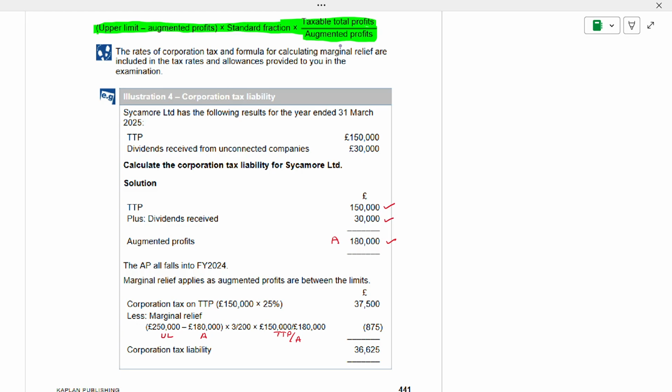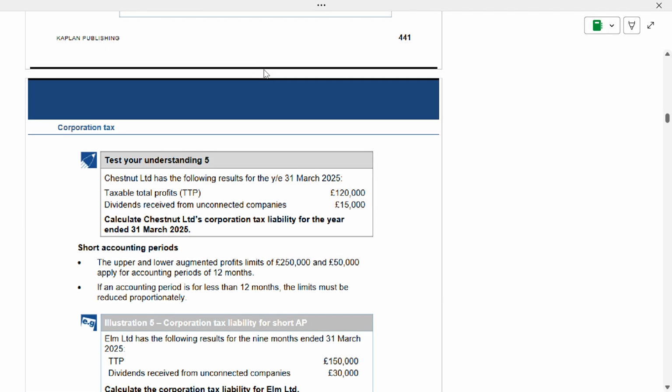Is it payable or is it a relief which we get? Relief. Your tax liability will decrease. Because it is neither in the upper bracket nor in the lower bracket, it is in between. That is the reason they gave you marginal relief. By the name itself it says it is a relief, meaning it will reduce your tax liability.